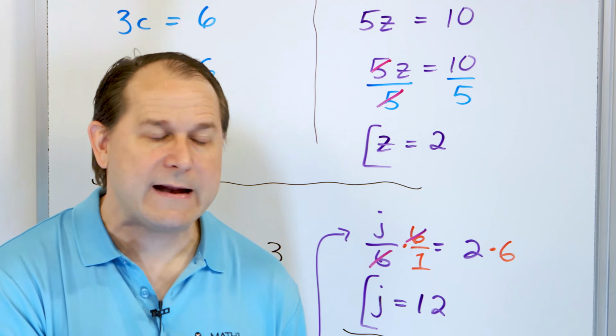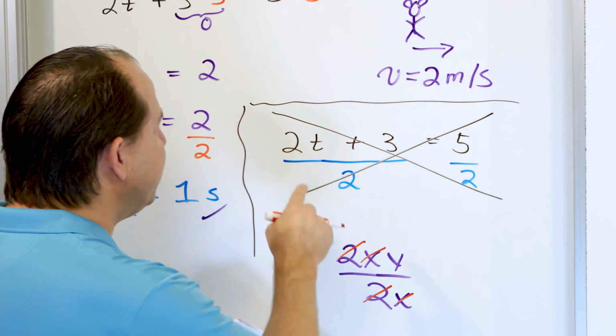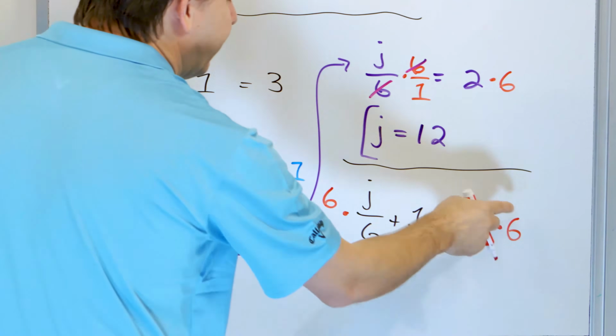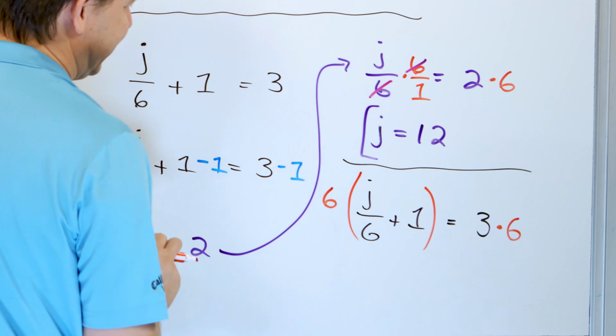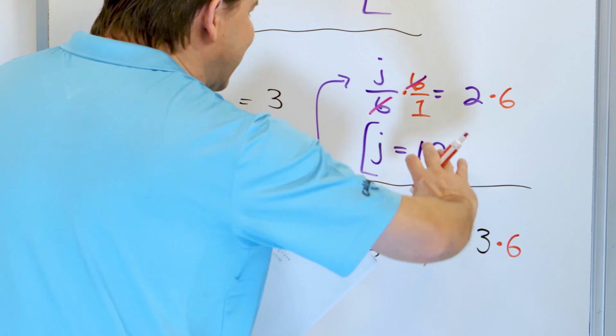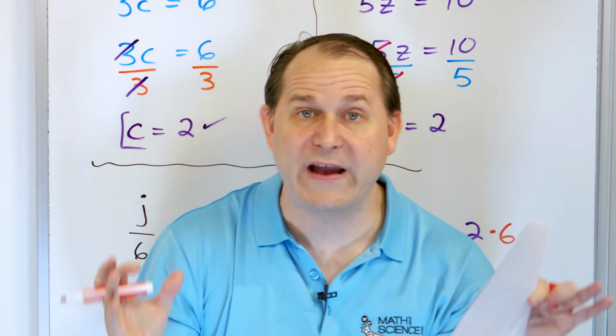But you can't do that, because when you multiply, much like before, when I told you when you divided both sides, you have to divide the entire thing. If I multiply both sides by 6, I'm multiplying the entire left-hand side by 6. So you can't just put it there and cancel the 6's. You have to take the entirety of what is on the left-hand side and multiply the whole thing by 6.